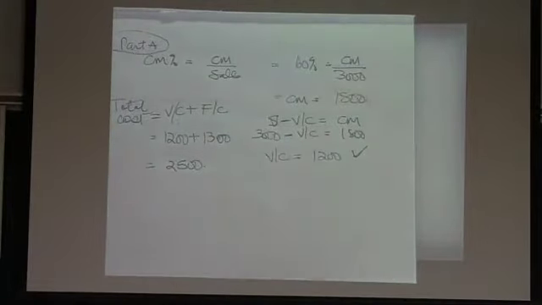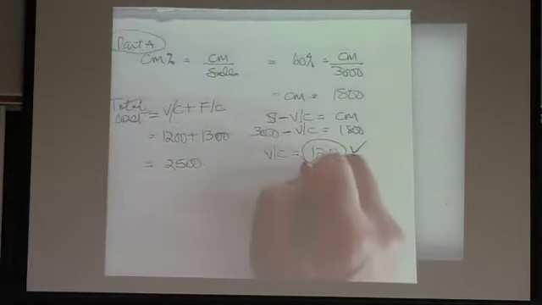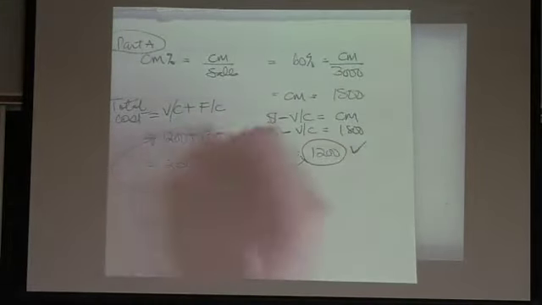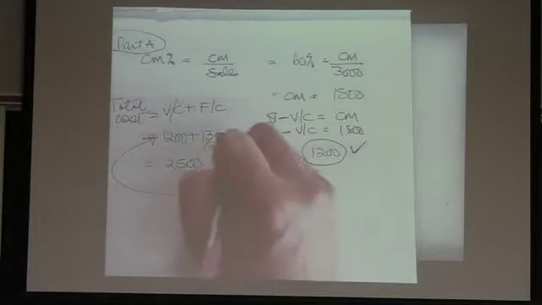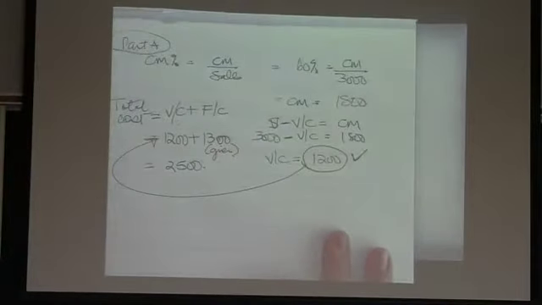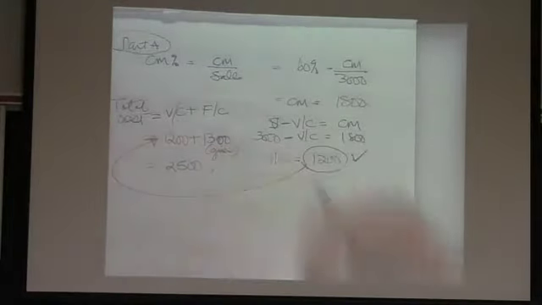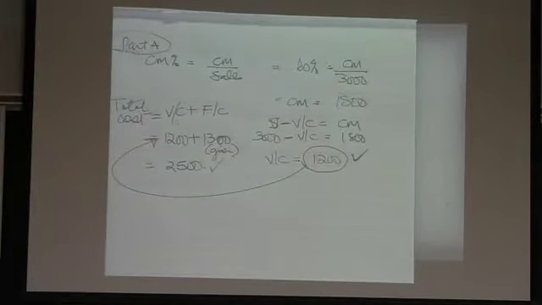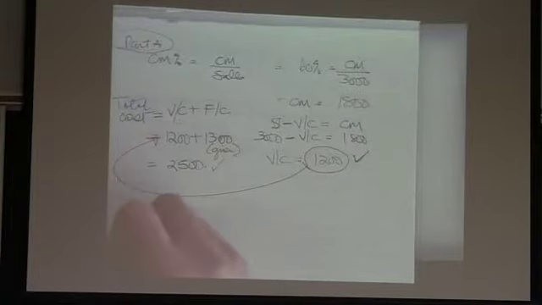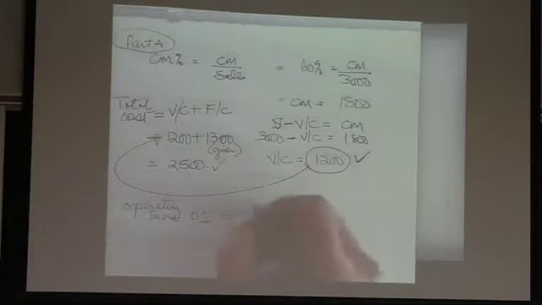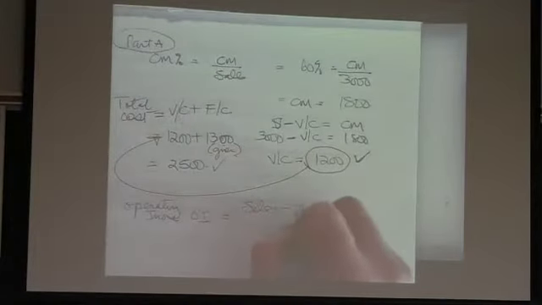So let me write this down. This one we had to calculate, and this is given to us. Now that we have the total cost, which is also in the question, we can figure out our operating income. So operating income, OI, equals sales less total cost.